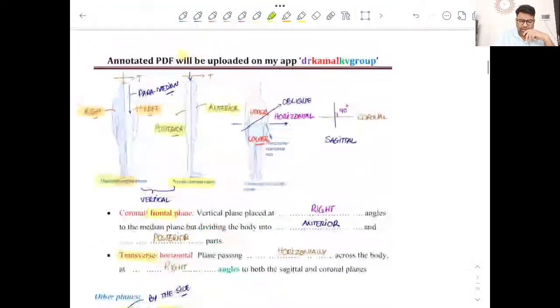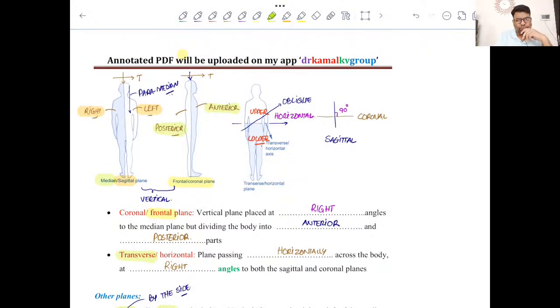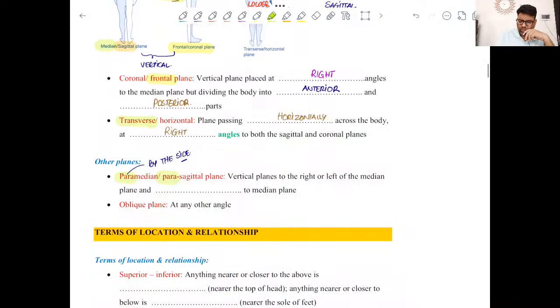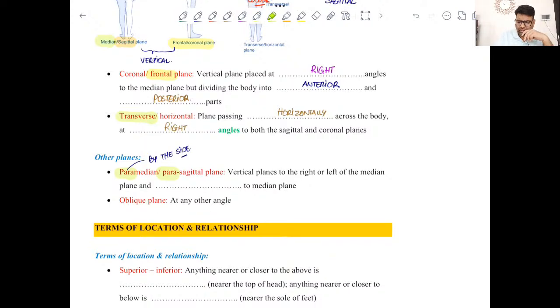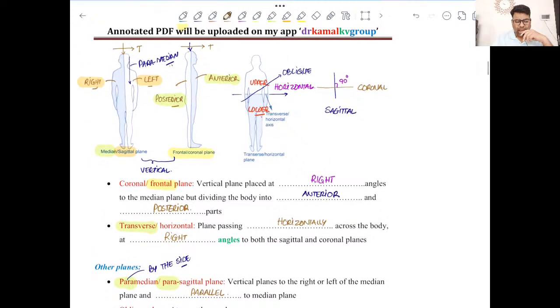So the plane which is falling by the side of median plane or sagittal plane will be a paramedian or parasagittal plane, right? So vertical planes to the right or left of the median plane, and these are parallel to the median plane. Okay, so the basic difference is that these planes will not divide the body into two equal halves.